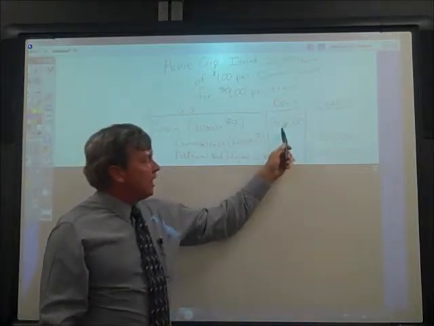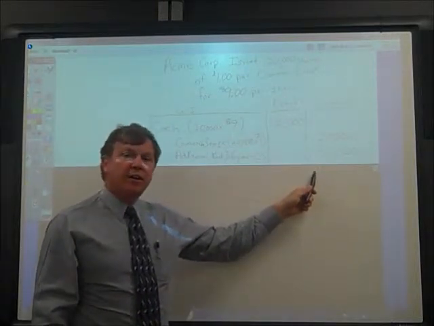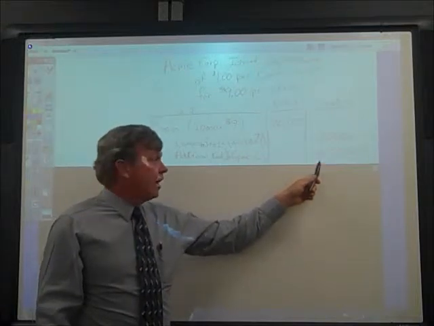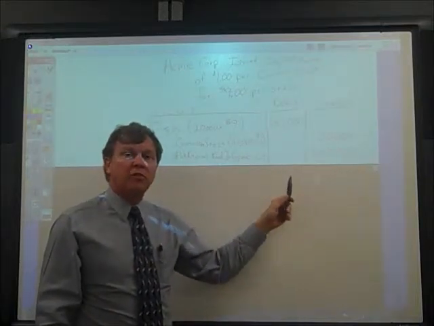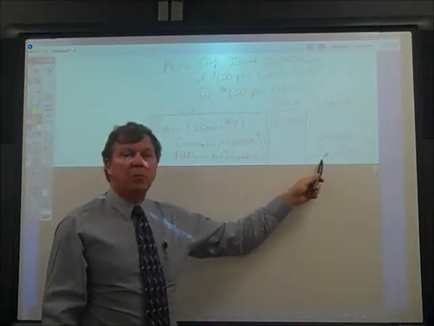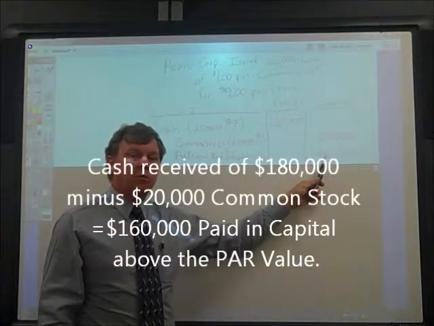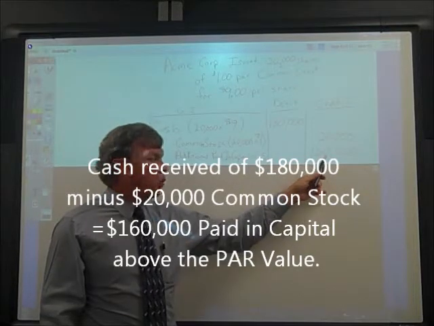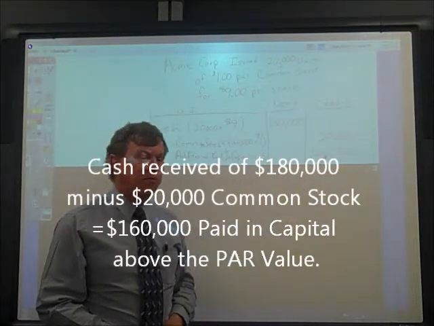We have a $180,000 debit. We need $180,000 on the credit side. We already have $20,000 for the par value of the stock. So the additional paid-in capital is just the difference between the $180,000 and the $20,000, or $160,000.